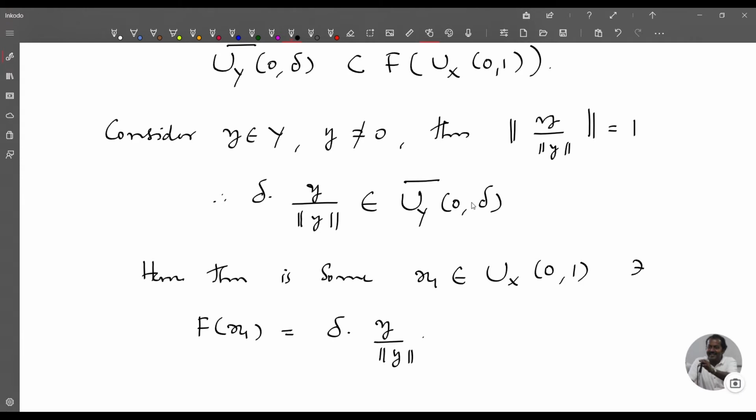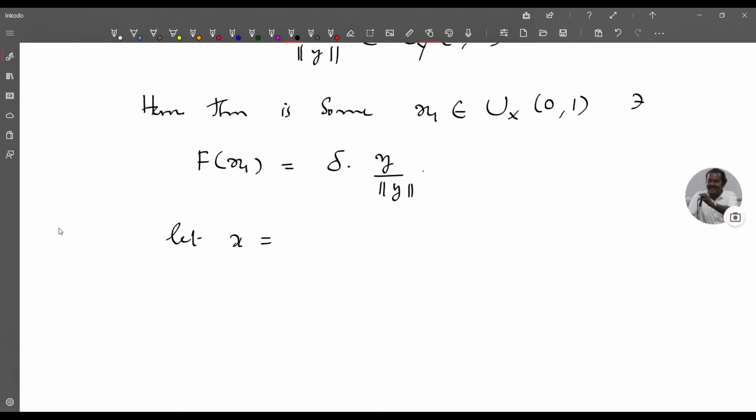This is because delta times y by norm y is contained in the closure of U_Y(0,delta), and the closure of U_Y(0,delta) is contained in f of U_X(0,1). So there exists an x1 in U_X(0,1) such that f of x1 is equal to delta times y by norm y. Let x equal to norm y divided by delta times x1.